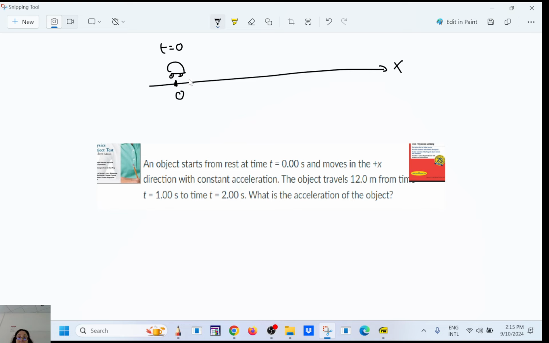And then it starts to speed up. So that's going to be t equals 1. So it's getting faster. And then it's going to move even further and even faster. That will be t equals 2 seconds.